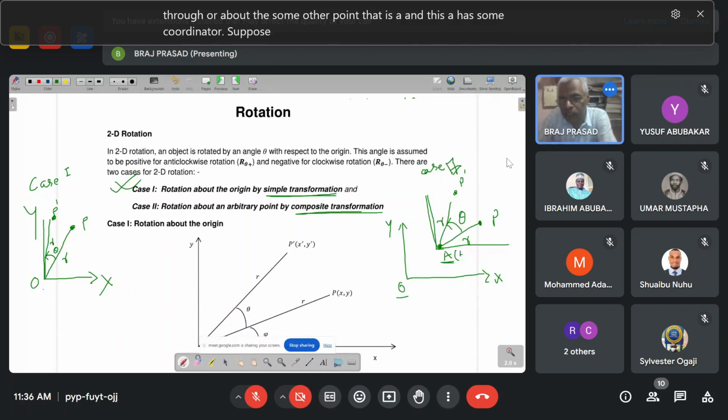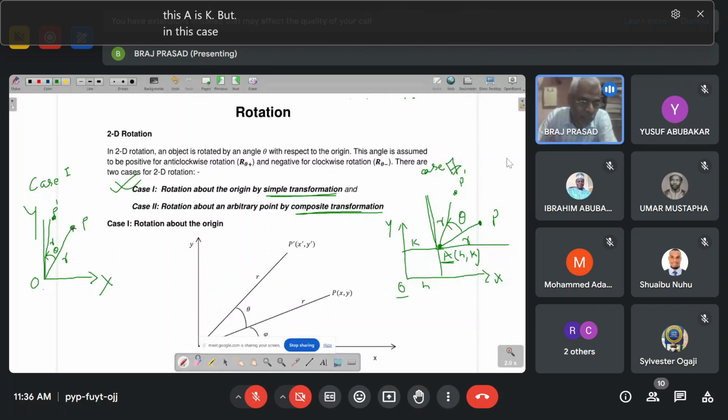Suppose it has coordinate h, k. It means the x value of A is h, and the y value of A is k.